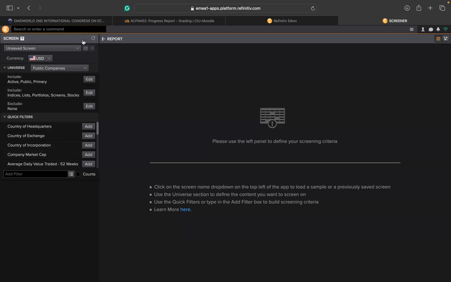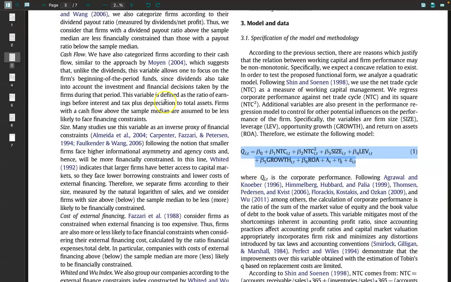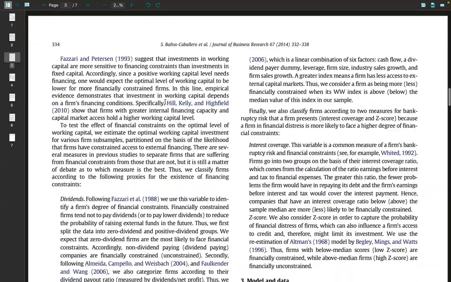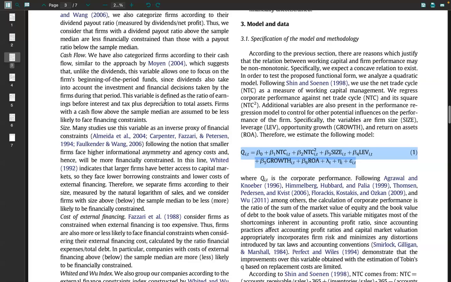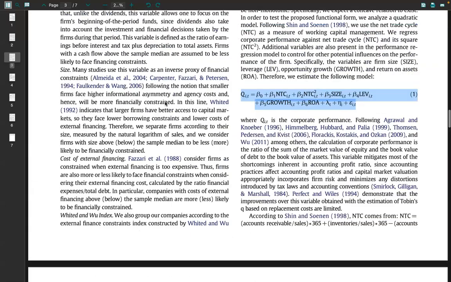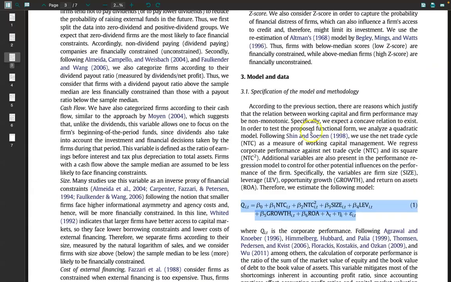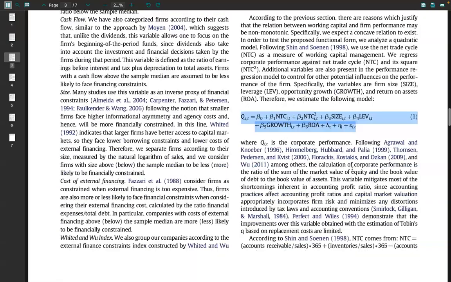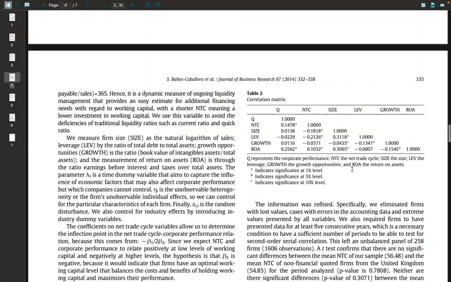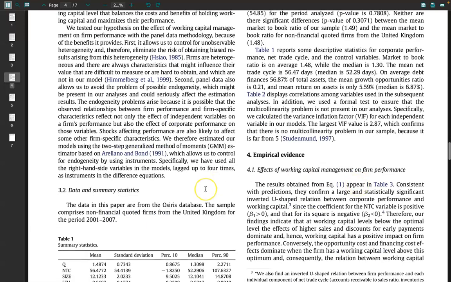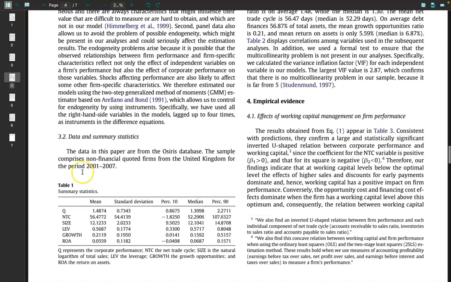Now, I'm not going to work on exactly the same data which they required, because they measured this data on a different time horizon. With the data's time horizon of 2001 to 2007, I'm going to have more recent data.